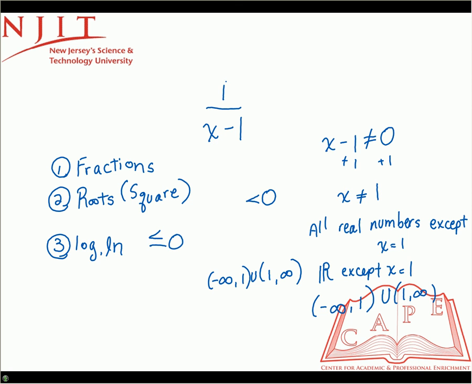Now what this means is that the range of values is from negative infinity to 1, and because it's a parenthesis, that means the 1 is not included, so 1 is not part of the domain. And then there's a union, and here's the other side of the range, which is 1 all the way up to infinity. So here you have 3 ways of writing it, and that's how you would symbolize the domain of an expression.